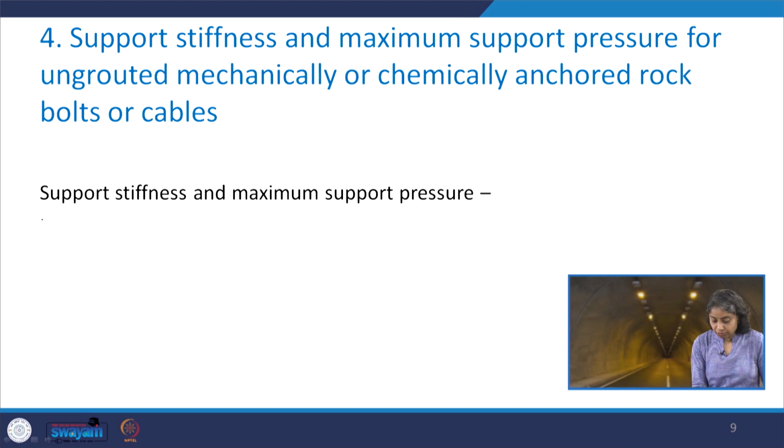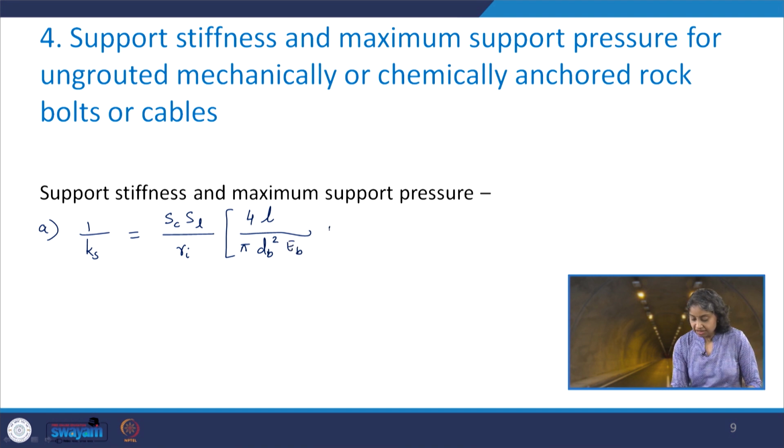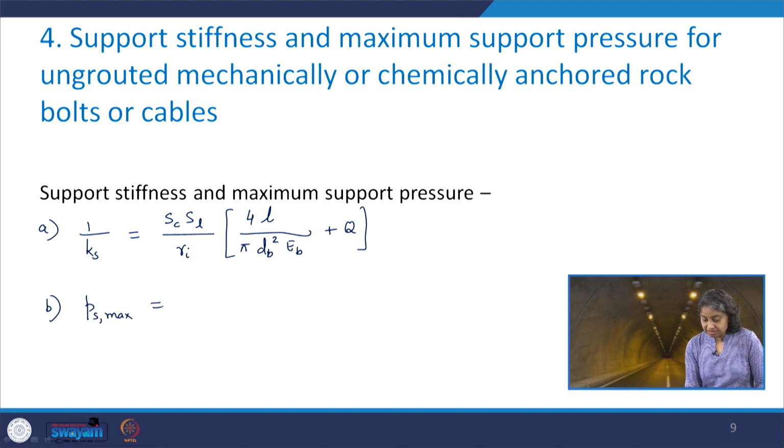For the support stiffness, we have 1 upon Ks is equal to Sc into Sl divided by Ri in bracket 4L divided by pi dB square into Eb plus Q. And we have the maximum support pressure as Ps max, this is equal to TBF upon Sc into Sl.